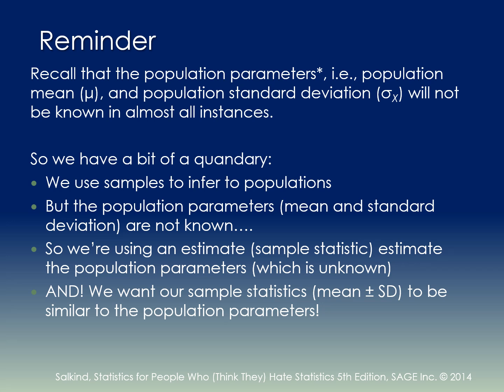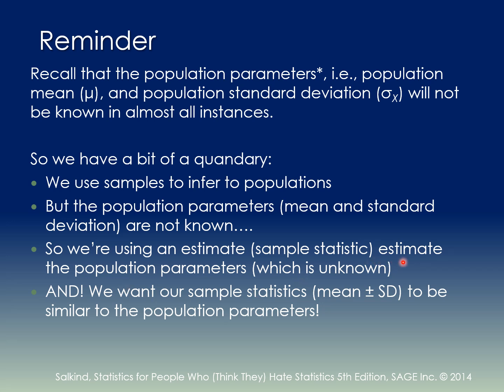Take a look at this, right? So we have samples. We use samples to infer to populations, but the sample is an estimate of the population itself. But the population parameter, the very thing we're trying to estimate, that's also not known. So we're using an estimate to estimate an unknown quantity. That's kind of bizarre, right?